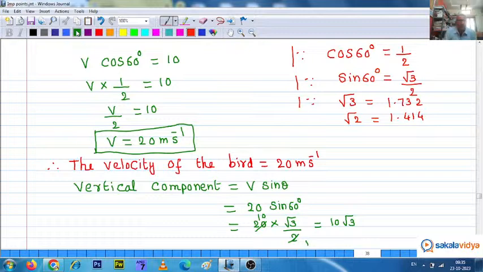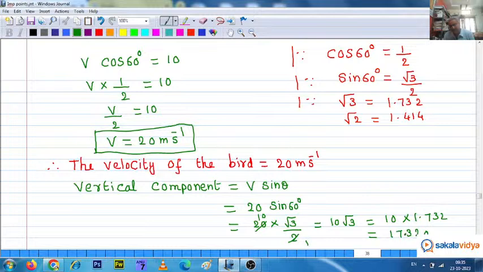Right. So now you can write 10 times 1.732. Remove the decimal points, ignore the decimal points. For example, 1732 multiplied with 10, you will be getting 17,320. But how many decimal places? 1, 2, 3.